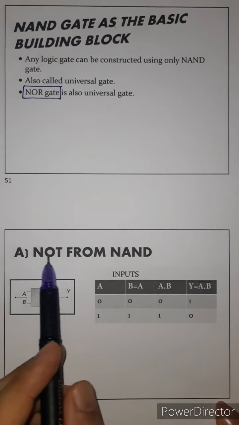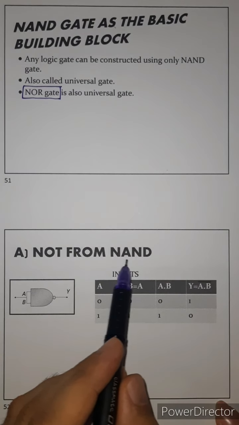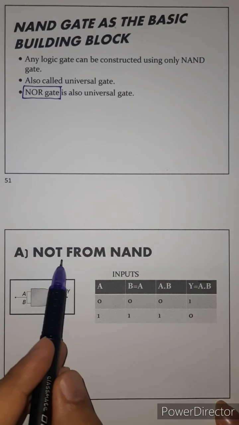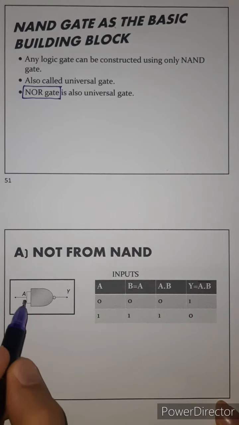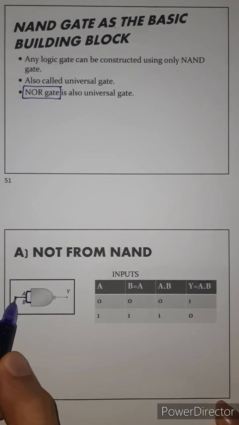So the first conversion is converting NAND gate into NOT gate, or obtaining NOT gate from NAND gate. In order to obtain a NOT gate from NAND gate, you just need to combine the two input terminals of NAND gate at a single point.